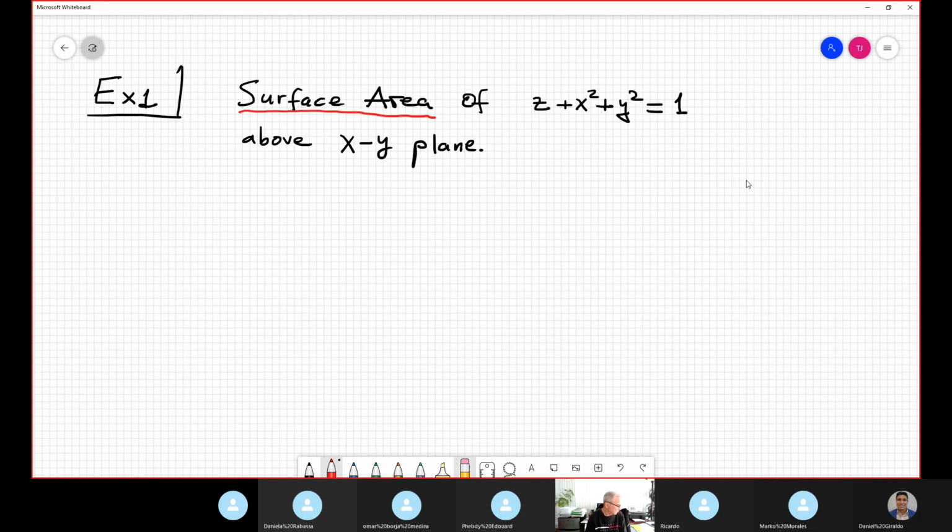I have another problem, similar, a little bit more complicated. And after that, we compute some surface integral. Because remember, surface area is one specific case of the surface integral in which the integrand function is 1, no? Okay. Ready.